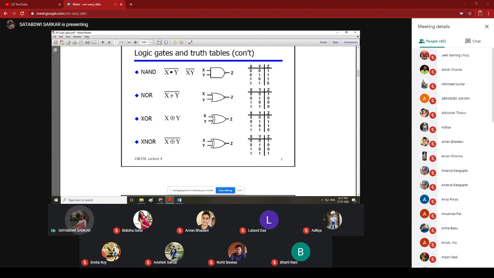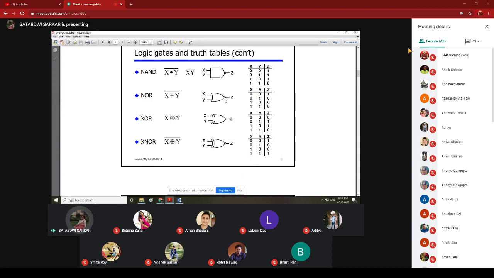So if we have inputs x and y, and this is an OR symbol, then x plus y is the operation being done here, and because of the bubble there will be a bar on this operation, that is x plus y bar, also called complement.